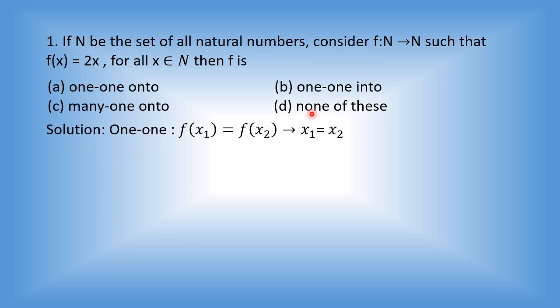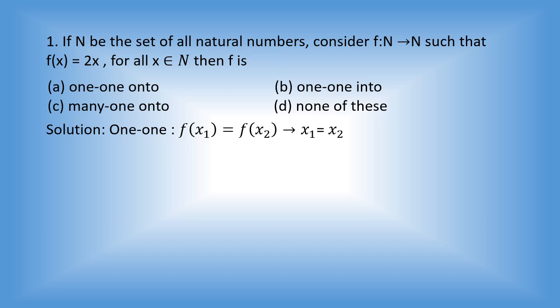To define one-one, we already said that distinct elements of the domain set have distinct images. That means suppose f of x1 equal to f of x2 implies x1 equal to x2. This is one more definition of one-one. Here we have the function f of x is equal to 2x.